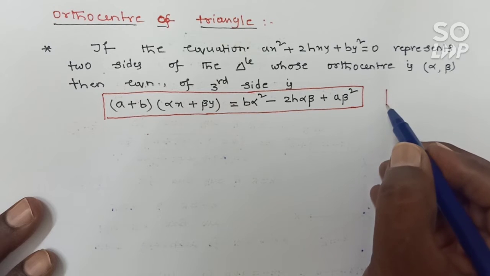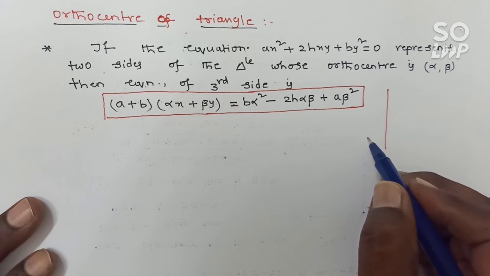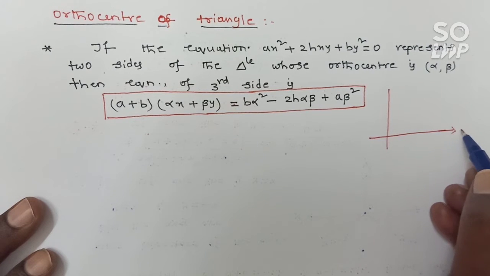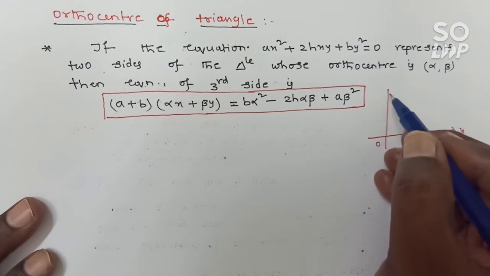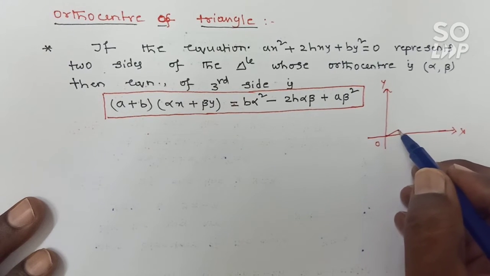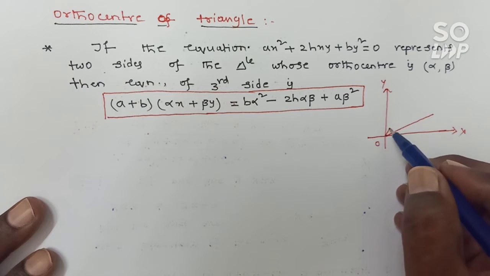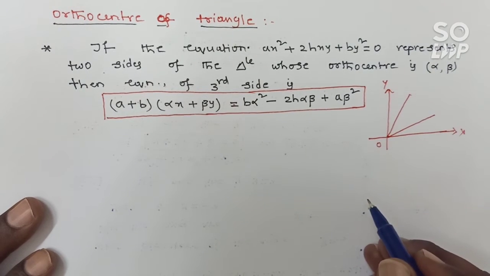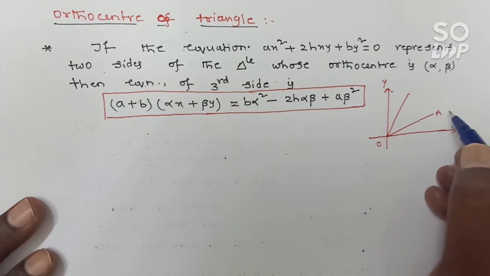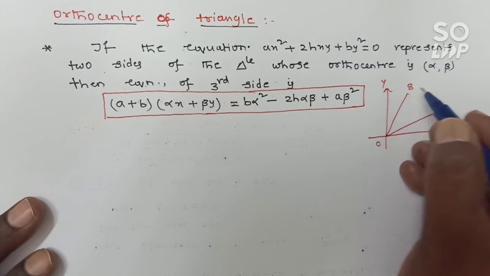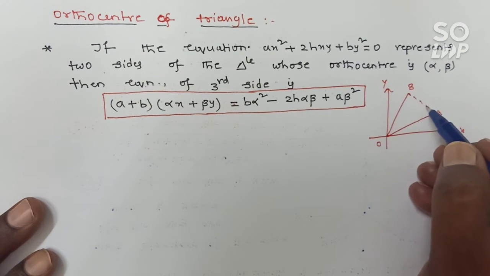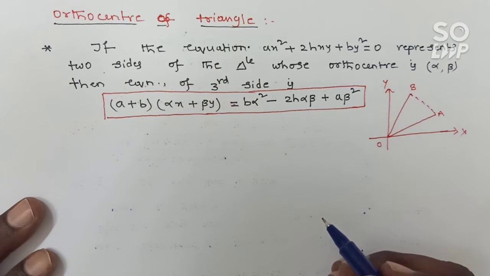Look at this diagram to understand the statement. This is the xy plane. The homogeneous equation represents two lines passing through the origin. Let these lines be OA and OB. By joining these two points, we get the third side.